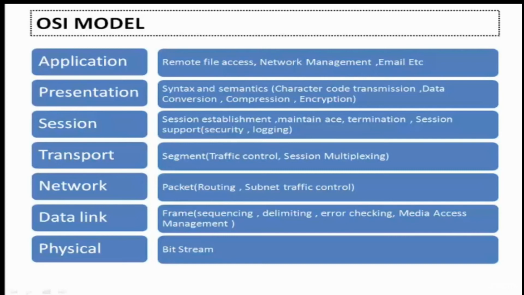The next layer is the network layer. The network layer is also responsible for routing, and in this layer data is in the form of packets. It also subnets a network, that is subnetworking, and by that it controls traffic.